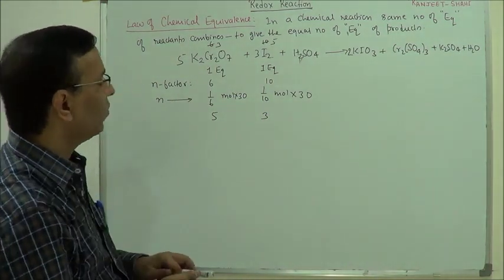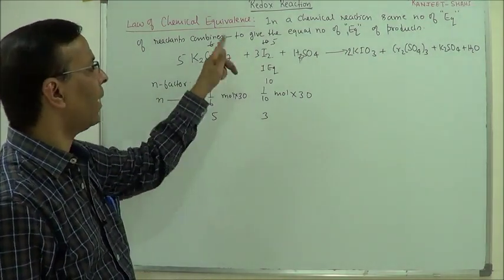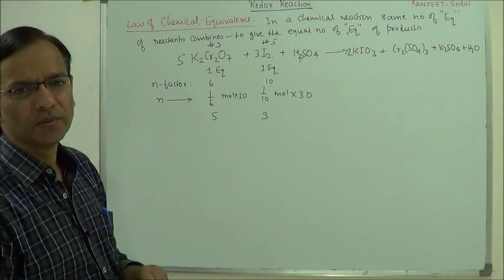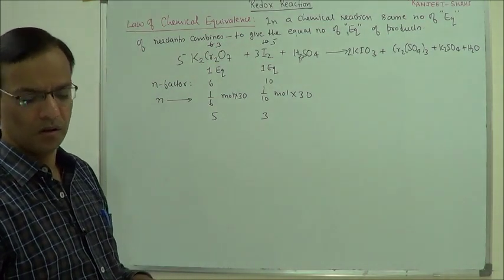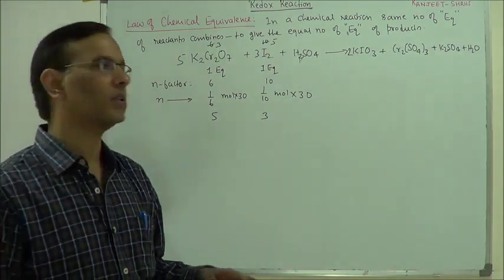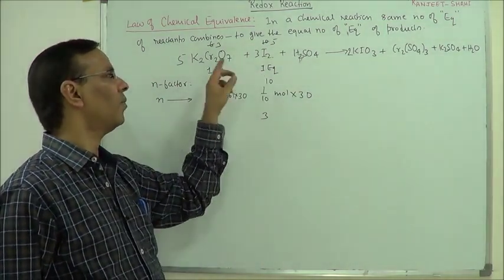So for relating their moles in 5:3, we have to balance them. But for applying the concept of equivalence, we don't need to balance the redox reaction. We just say that the same number of gram equivalents will combine.